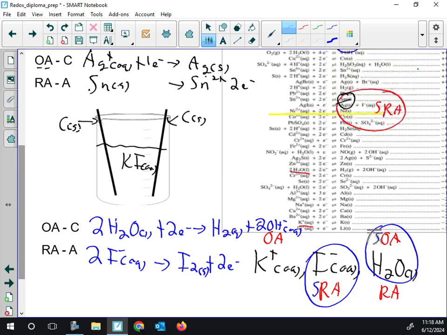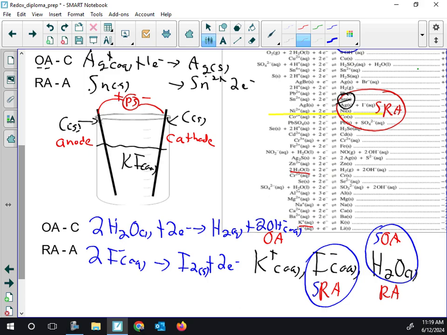This now kind of sets what's going to happen. We're going to need a power supply. You're going to connect it up. You're going to have to make one side positive, one side negative. And that's going to set which is which. So the positive side would be our anode, and the negative side would be our cathode.